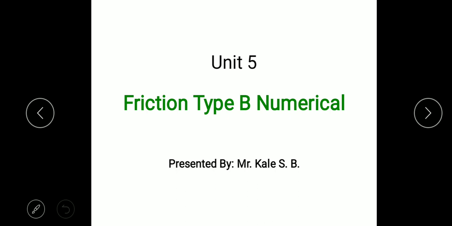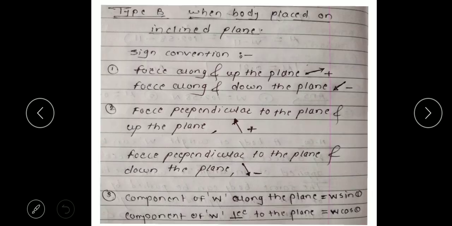Okay, now let's come to the first example, and through that we will try to understand the concept. So this is type B, but before going to the actual numerical, we must know the sign convention. Already in the previous type A we have seen up force means positive and down force means negative.